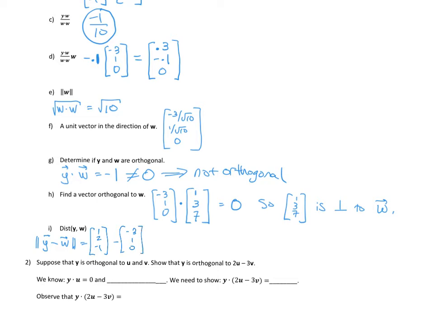And find the length of this. So this becomes, find the length of 1 minus negative 3 is 4. 2 minus 1 is 1, and negative 1 minus 0 is negative 1. Okay, so then the length is the square root of the vector dotted with itself. So this would be the square root of 16 plus 1 plus 1, or square root 18.